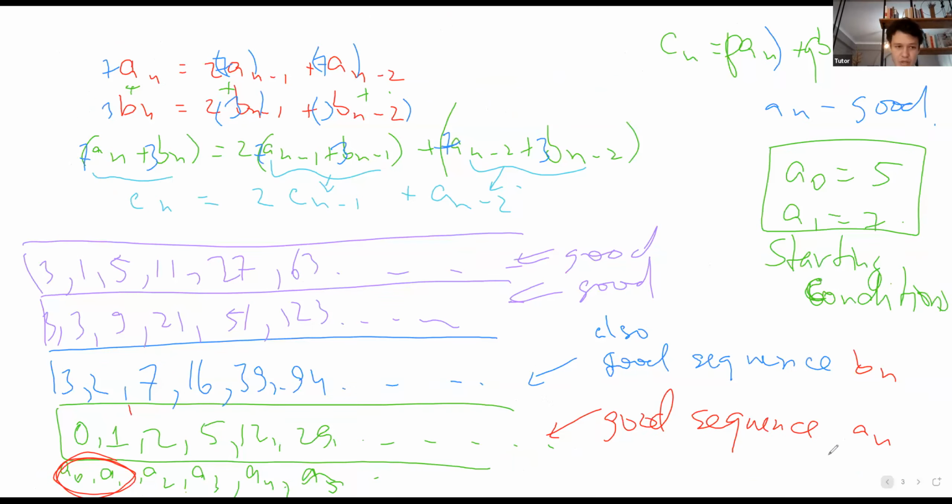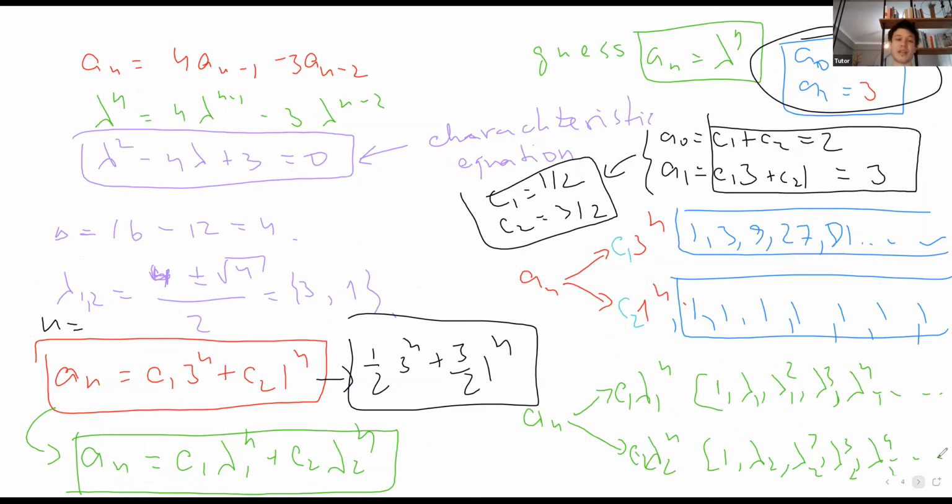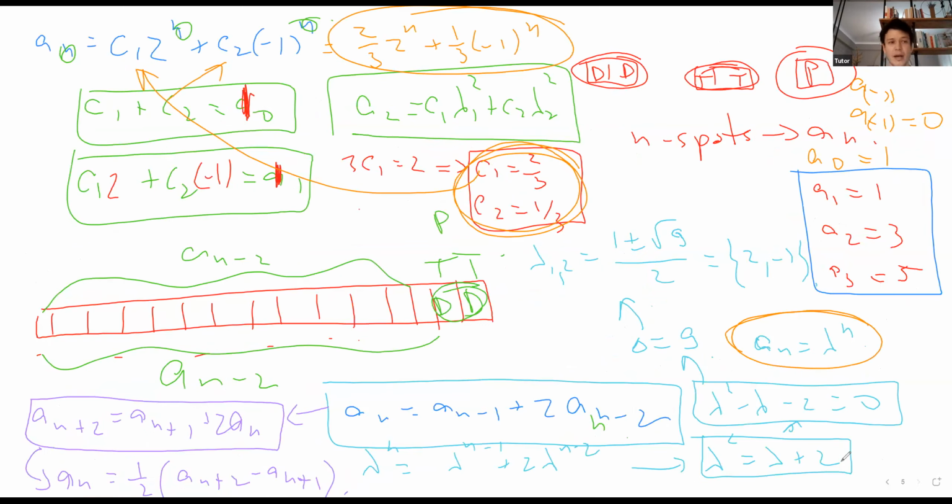If you have two good sequences, you can always combine them and you get another good sequence. You can add them, subtract them, or multiply them by any coefficients, and it's still going to be a good sequence. This is the main idea here. What is the most general way you can combine them? You can pick any coefficients, C1 and C2, to combine them.